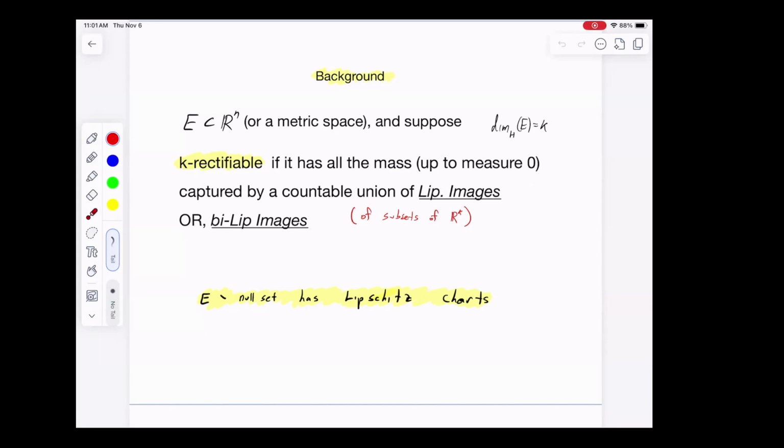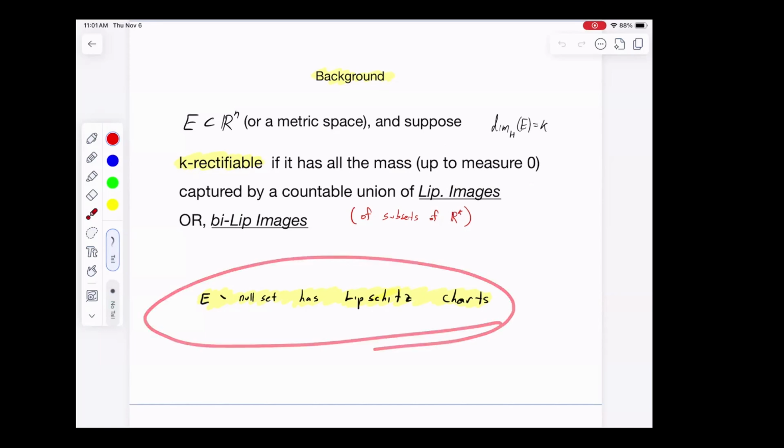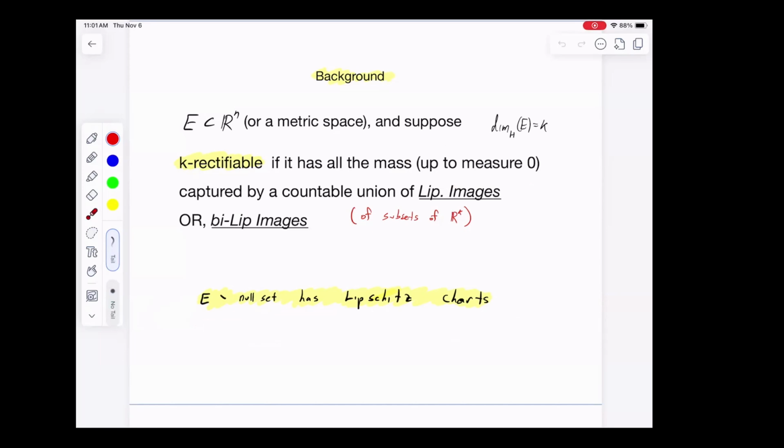There are various equivalent characterizations. The way I like to think of it is that E, if you remove a null set, has Lipschitz charts. So it's sort of the analyst version of topology.